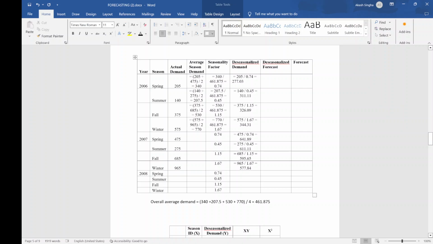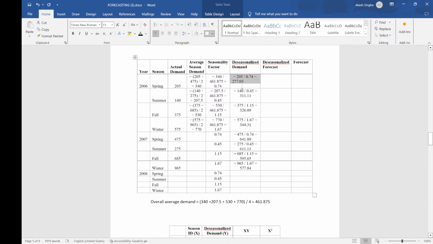That will give you the seasonality factor. Now dividing the actual demand by that value will give us the deseasonalized demand. Like that we can calculate all the deseasonalized demand.